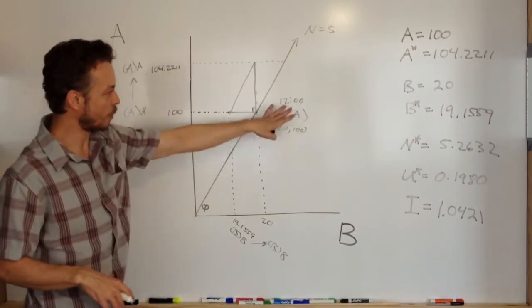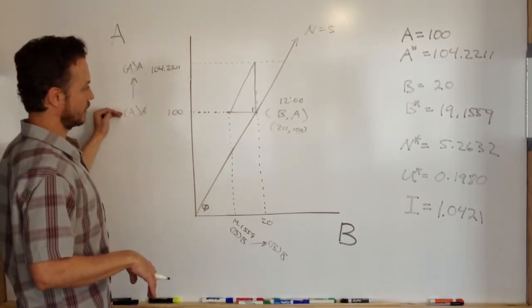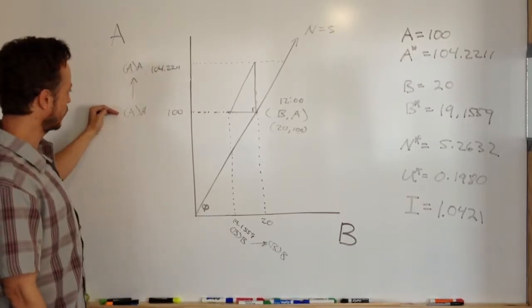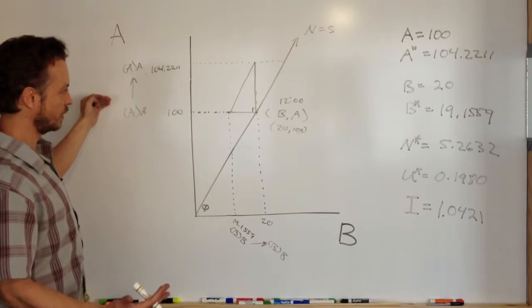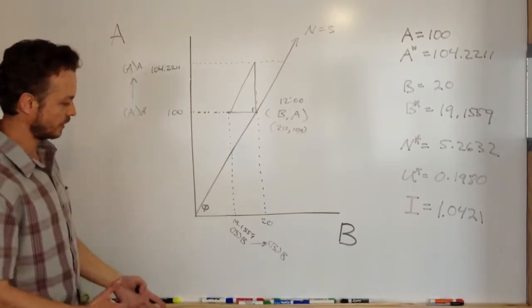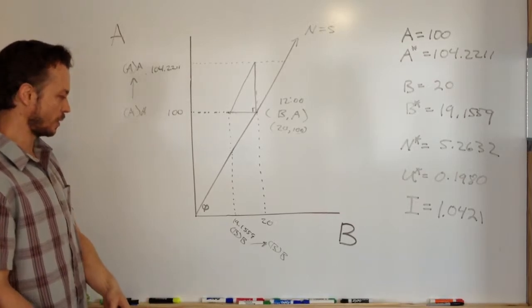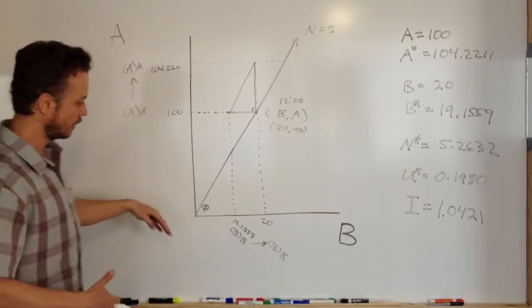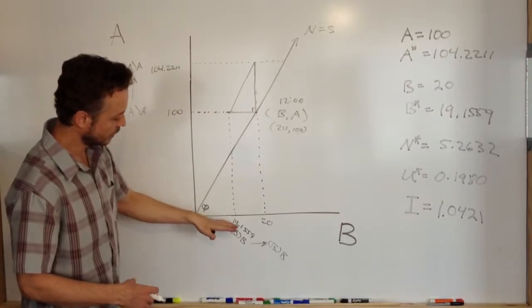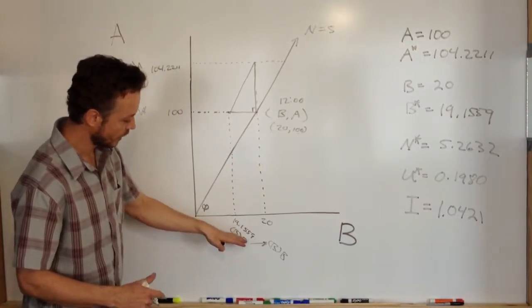So at that moment, when A is there, since A is in faster relative frames of reference, they are slightly ahead of B in time relative to themselves, and B is slightly behind in time relative to A. And so when A is at 100, B is at 19.1559.